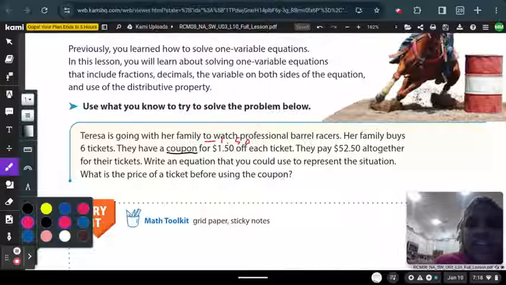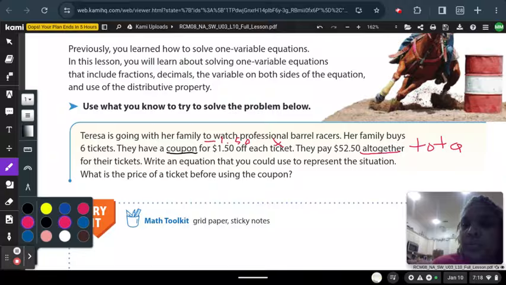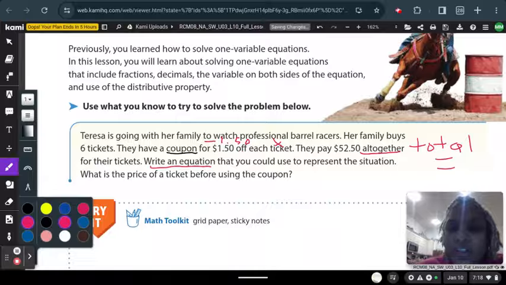It says a family buys 6 tickets, and it says $1.50 off each ticket. So we don't know how much the ticket is. So the ticket is X. It says they pay $52.50 altogether. So altogether is the total, and total means equal. So if we have to write an equation, we have to put all this stuff together.